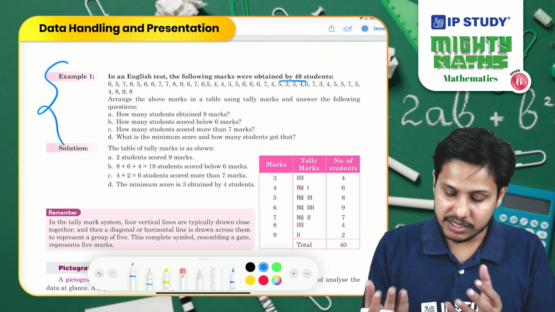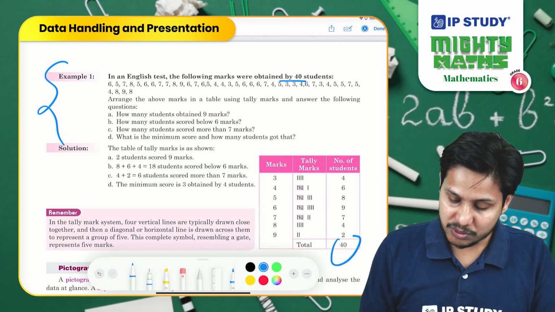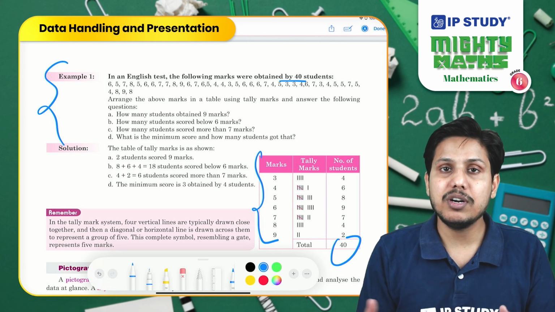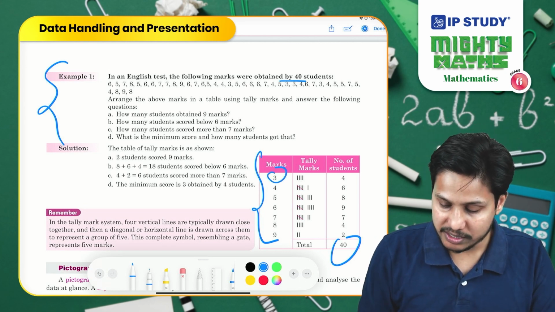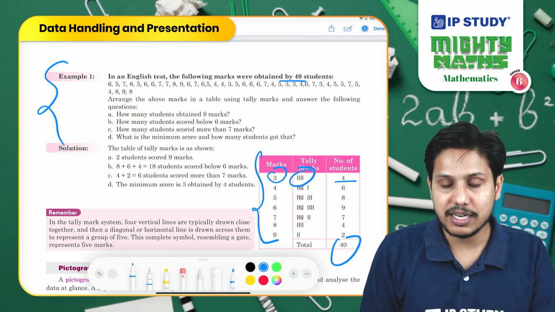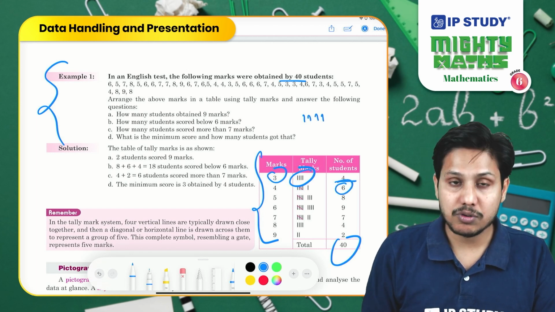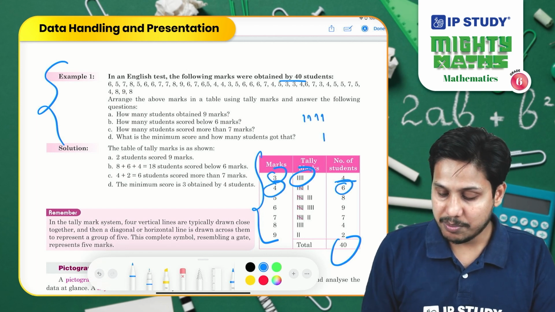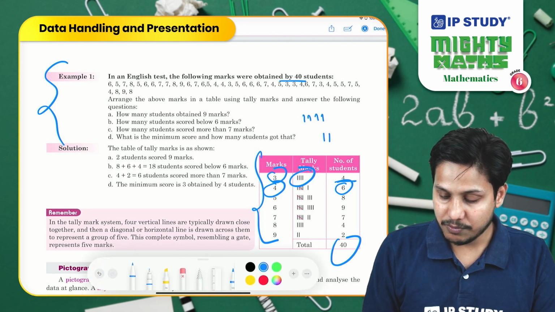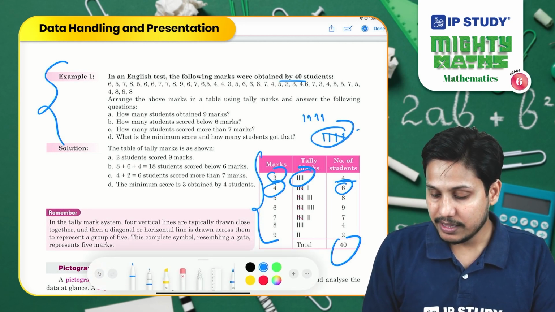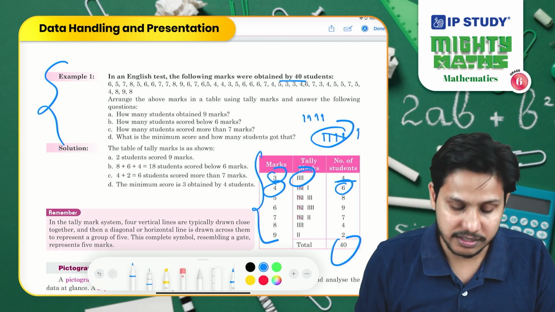So we can represent those marks of 40 students using tally marks like this, depending upon how many students have scored those particular marks. For example, 3 marks has been scored by 4 students, so we'll represent it by drawing 4 vertical lines. And there are 6 students that have scored 4 marks, so we'll represent it as 1, 2, 3, 4, 5, the slanting line, a group of 5, and then another one for representing the 6th one.